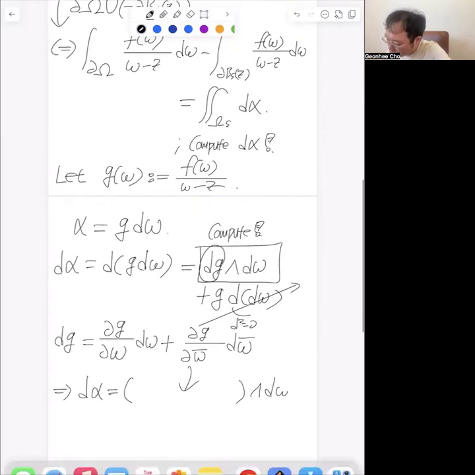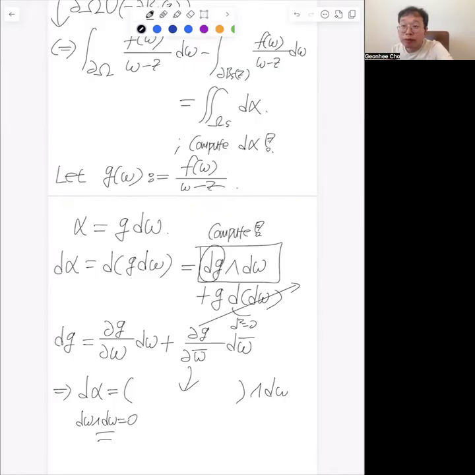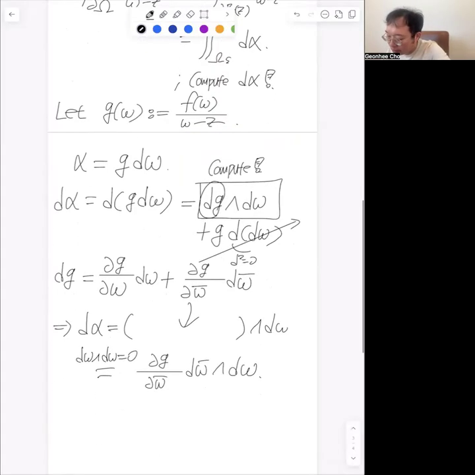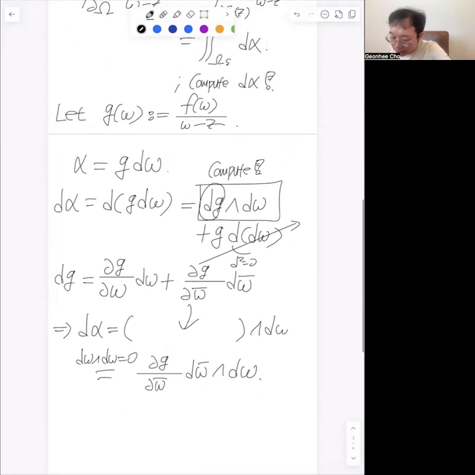Then we should also use the property that for the wedge product, if you put the same expressions, it must be zero. So all that is left is d omega bar wedge d omega with the corresponding coefficient function. So you should get partial g over partial omega bar d omega bar wedge d omega. This must be the expression of d alpha. And thereby, now we need to compute this expression as well. So now let's just look again at this expression.